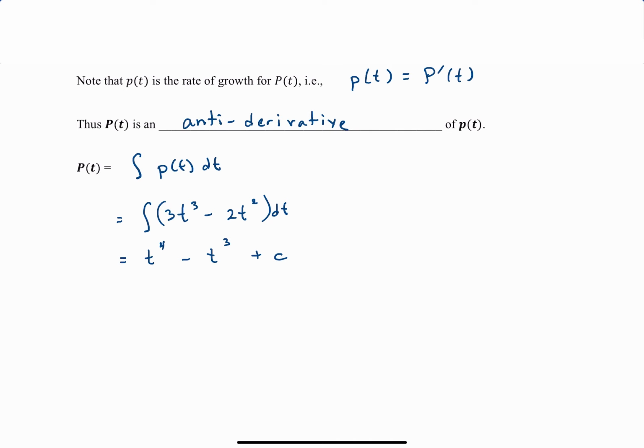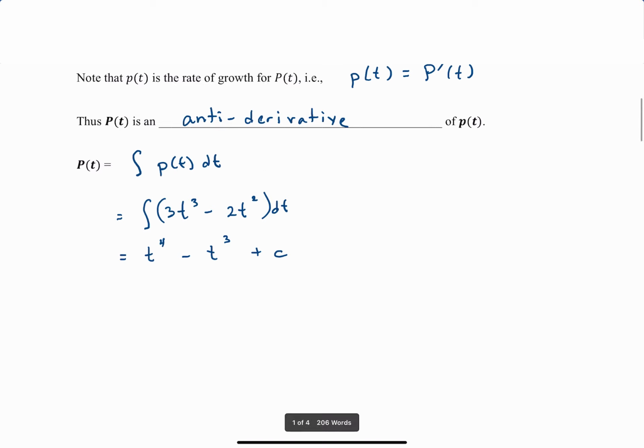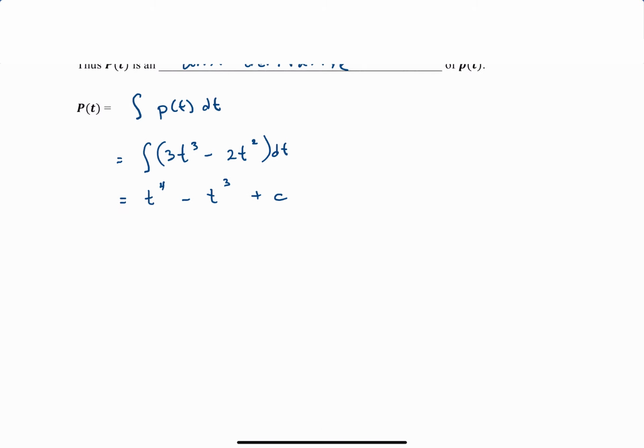Now, we don't have enough information to know what that constant is, so we can't totally pin down what the profit function is, but we can get pretty close. And even though we don't know what that constant is, let's go ahead and compute P of 3 and P of 1 and see what happens if we subtract them.